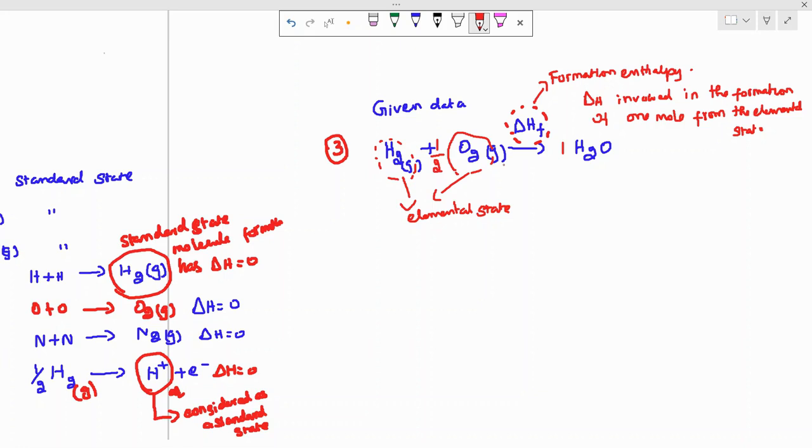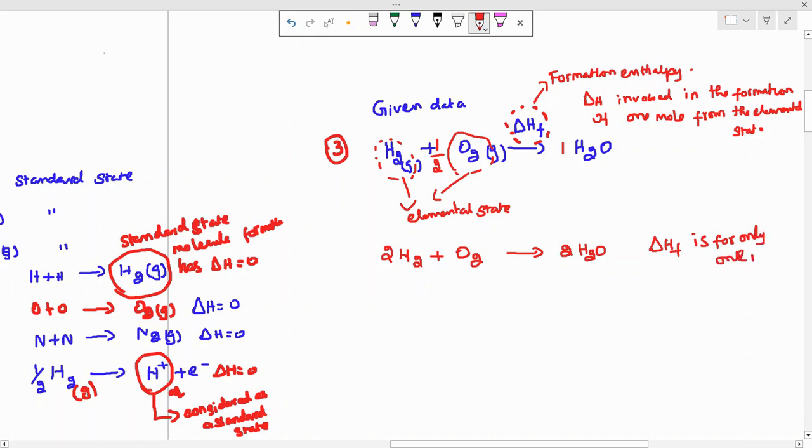If you convert the fractional coefficient into a whole number ratio, the equation will be balanced as 2H2 and O2 giving 2H2O, but you should not consider this one. 2H2 and O2 giving 2H2O could not be taken as a formation. It is not a formation enthalpy. Delta H formation enthalpy is for only 1 mole. So you could not take this one as the reaction enthalpy.